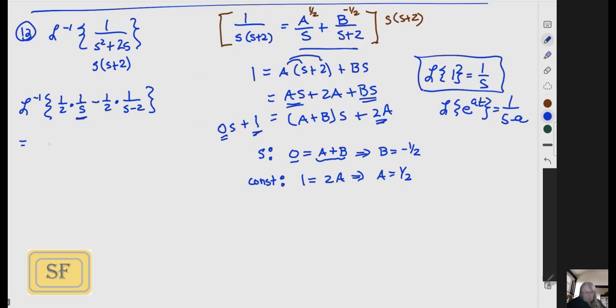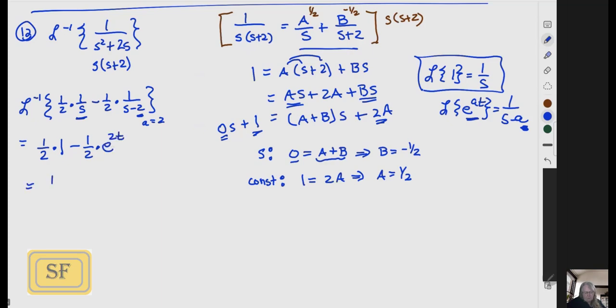That's going to give me a 1. That 1/2 is a constant, it just carries. And then that negative 1/2 just carries along. And the inverse Laplace transform of 1 over s minus 2, here my a is 2. I get e to the 2t.